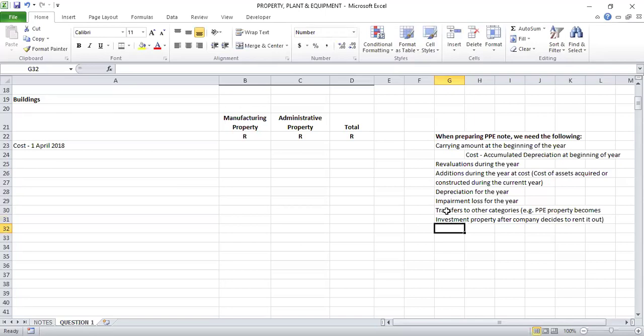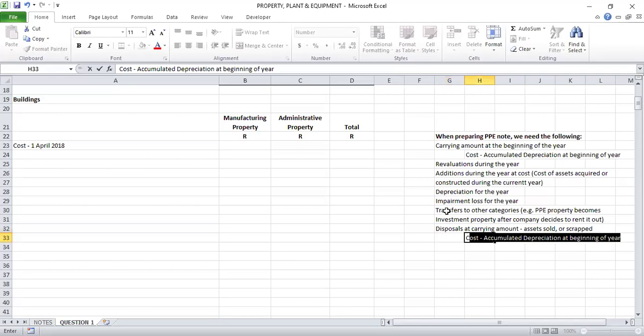Right. You can also have disposals. It's carrying amount. These are assets sold or scrapped. And we don't record them at selling price. We record them at carrying amount, which is cost minus accumulated depreciation on date of sale.